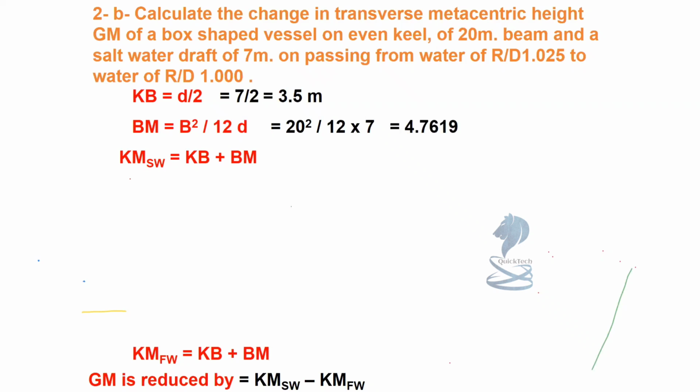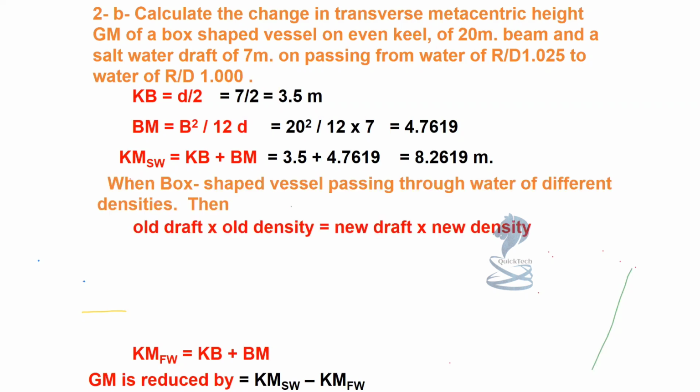Putting in the values, we get KB is equal to 3.5 meters, BM is equal to 4.7619, KM saltwater is equal to KB plus BM, that is 8.2619 meters.